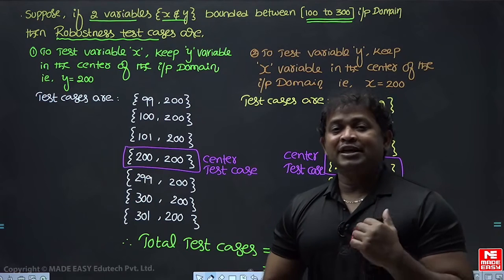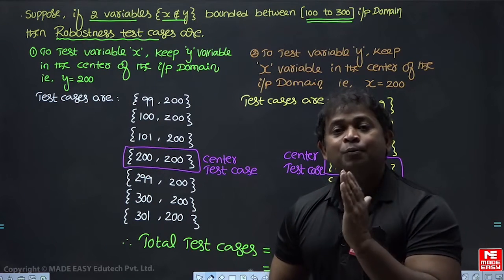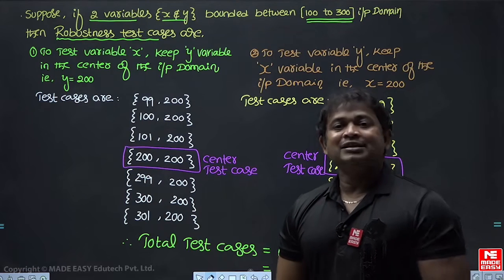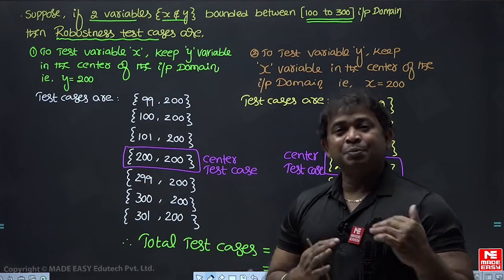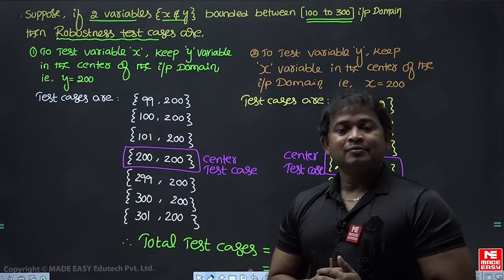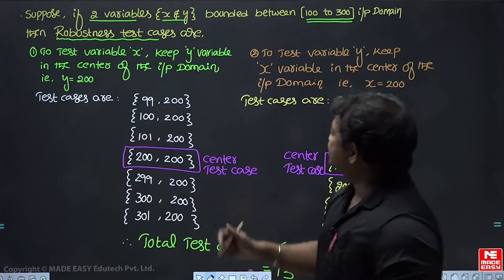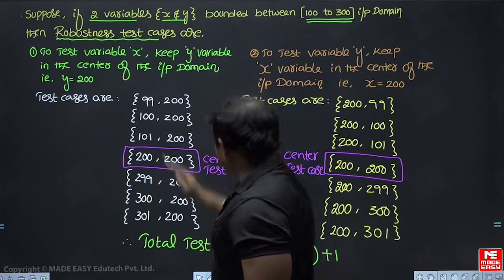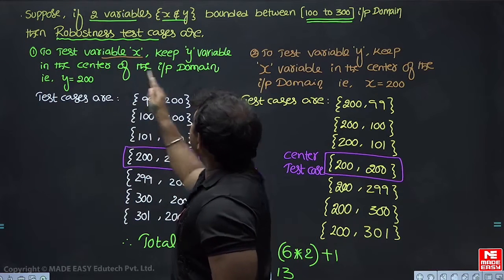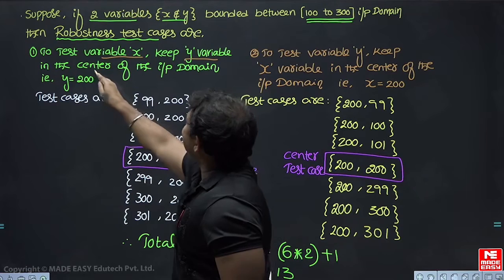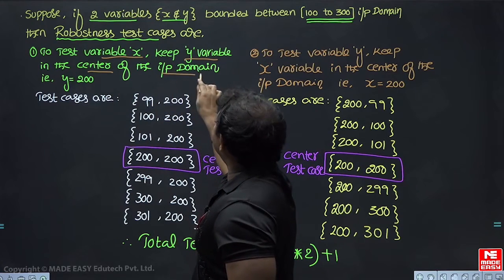When you want to test one variable, keep the remaining variables in the center of the input domain. That is the robustness testing test case preparation.